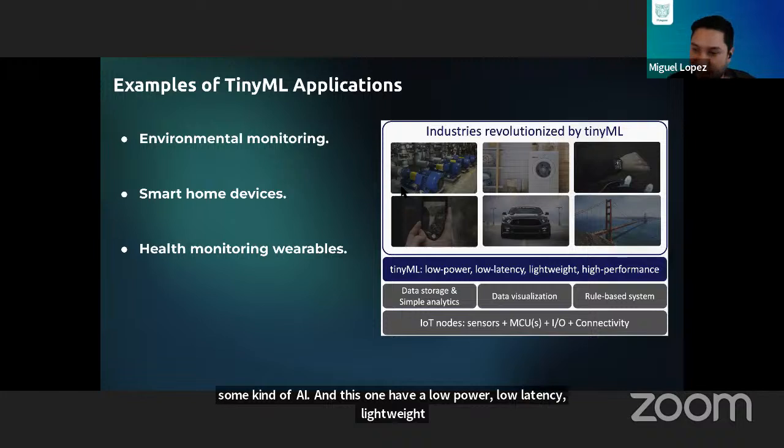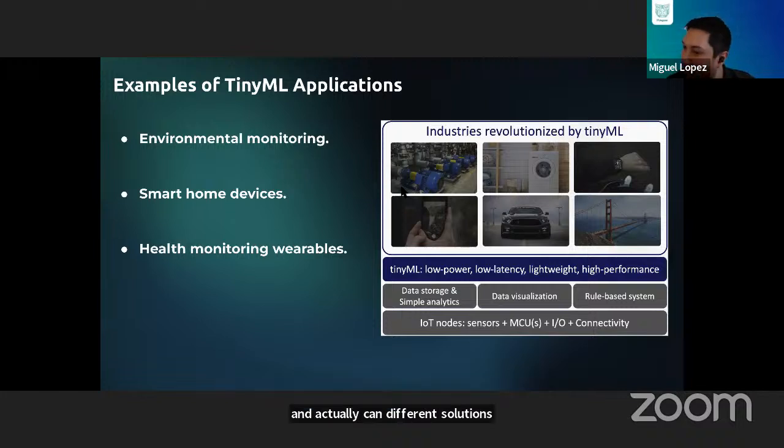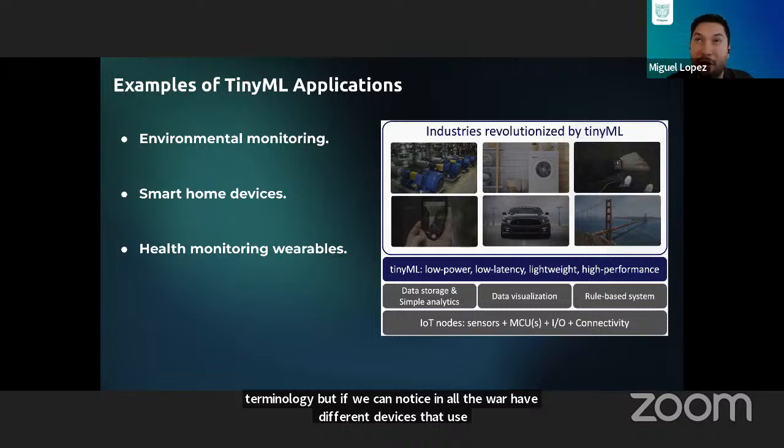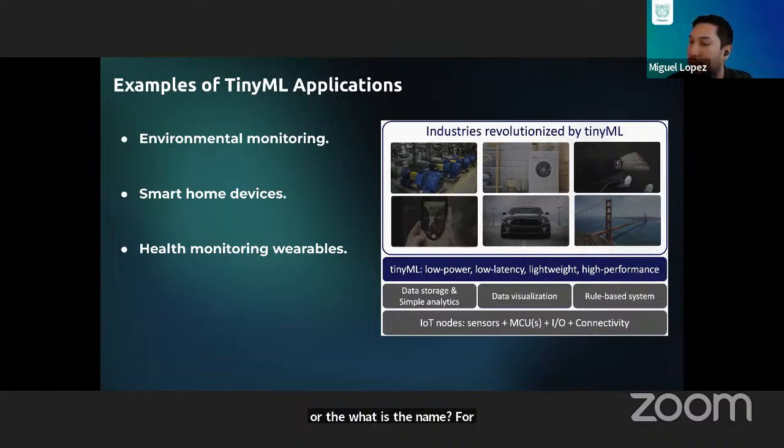So in general, nowadays, maybe we don't see this technology, but if we look around, all over the world there are different devices that use different AI solutions for hardware resource constraints. That actually is the meaning of these technologies.